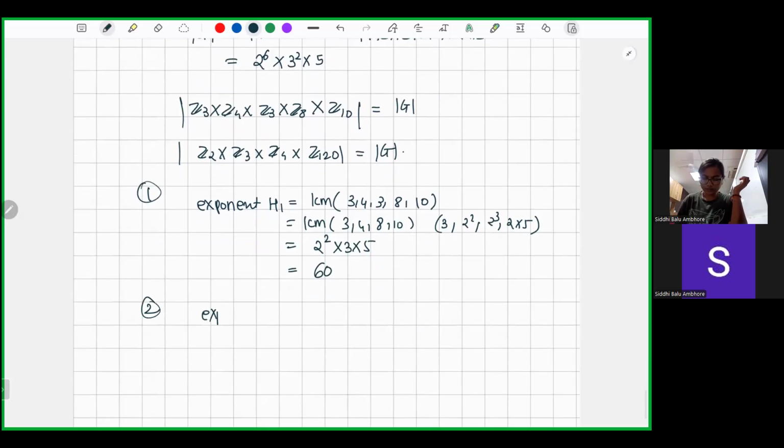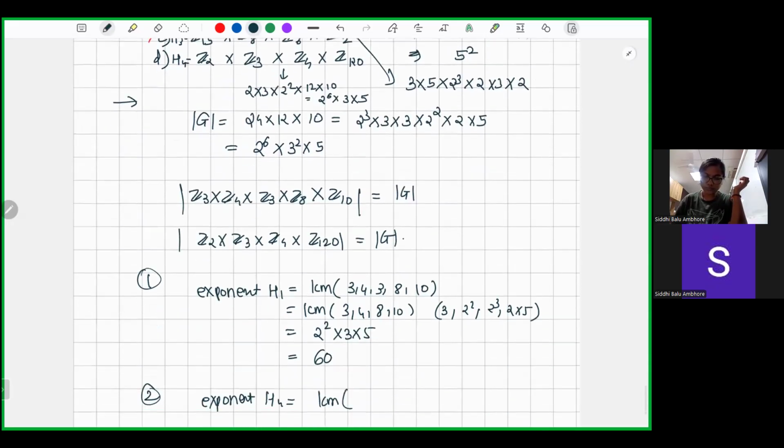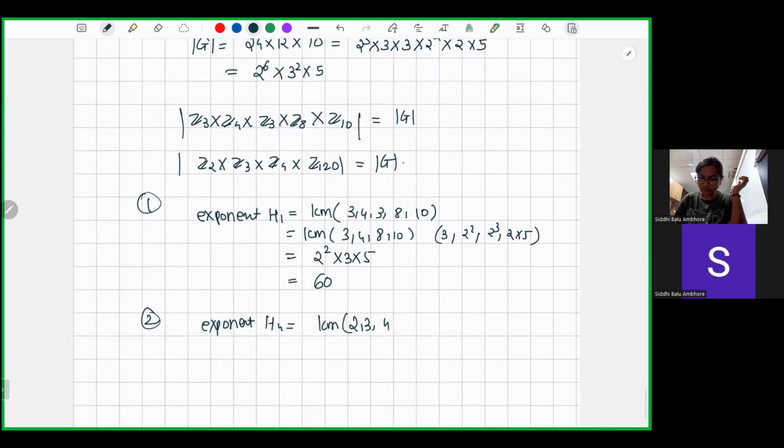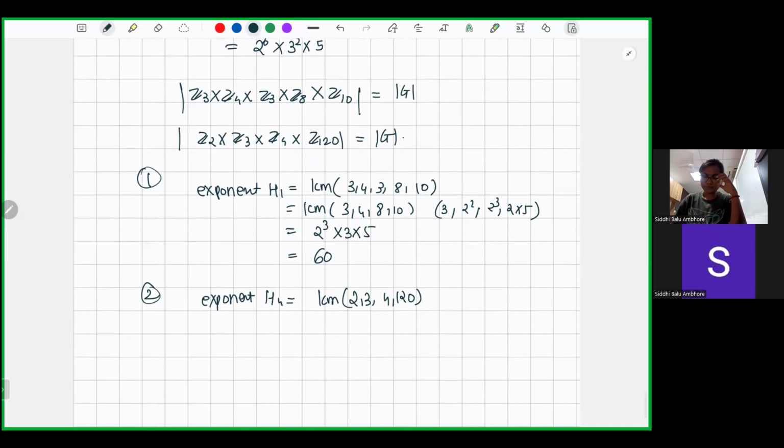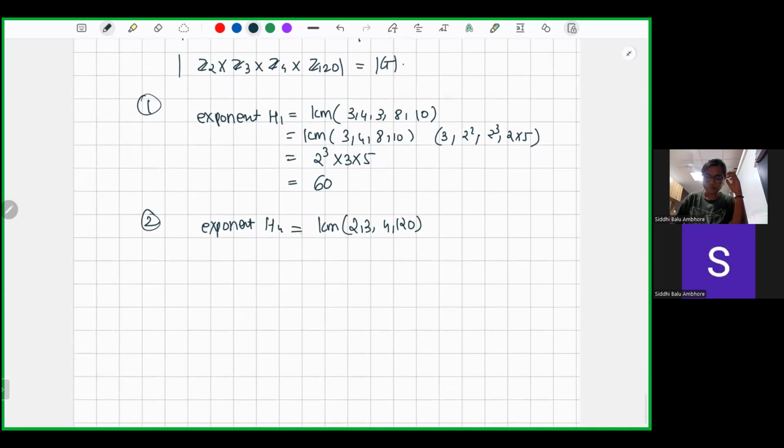And second one, the exponent of this H4 will be this LCM. Let us check LCM of 2, 3, 4, 120. It will be 120 because 2, 3, 4 all divide this group.